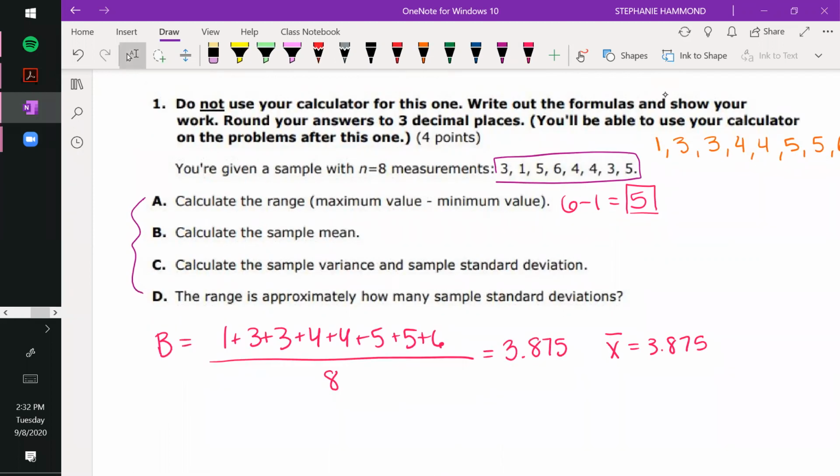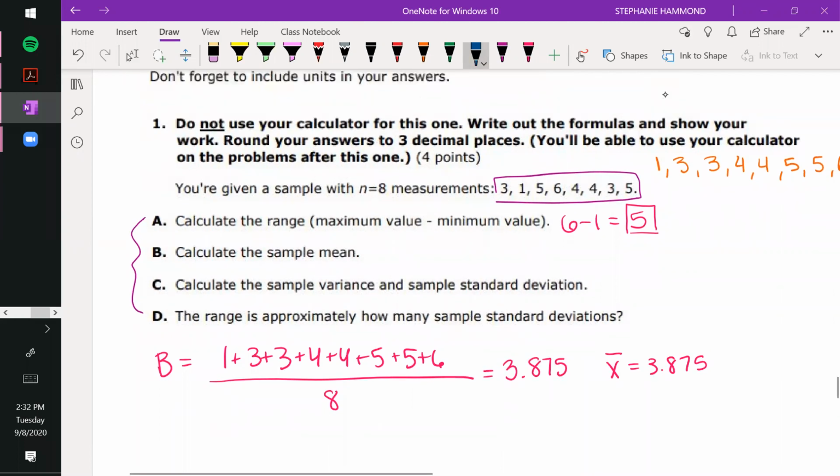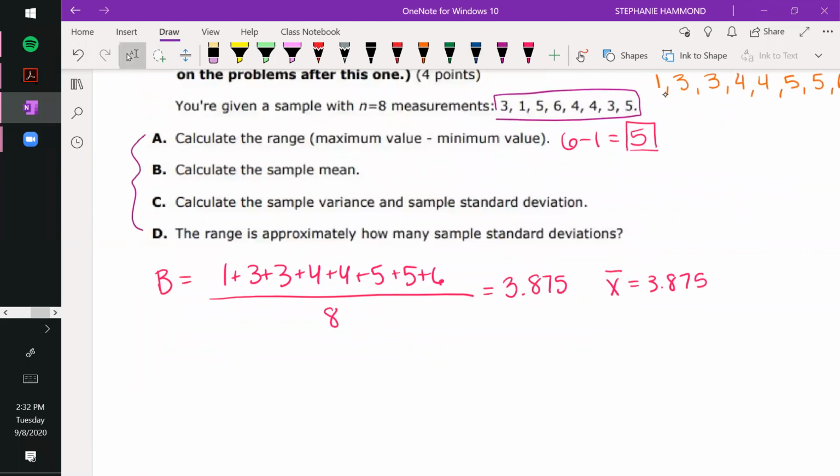Okay, C, it says calculate the sample variance and the sample standard deviation. So just to remind you, the variance is just the standard deviation squared, or the standard deviation before we square root it. So let's see. The sample standard deviation formula looks like this.